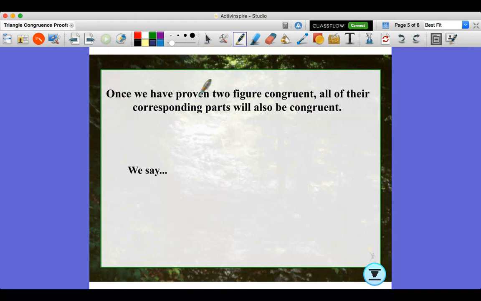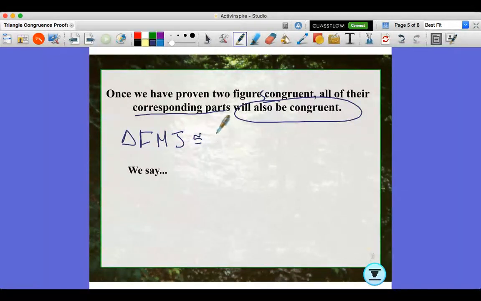Right, so once we have proven two figures congruent, all of their corresponding parts will also be congruent. That's why when we've been giving you stuff like triangle FMJ is congruent to triangle LPQ, we can say statements like, well, if this is true, what is FJ congruent to? Oh, LQ, right?